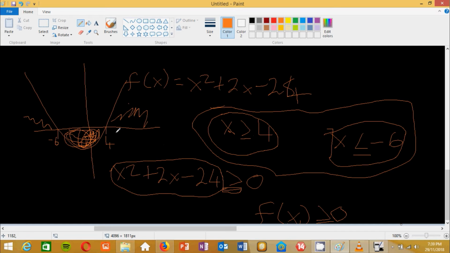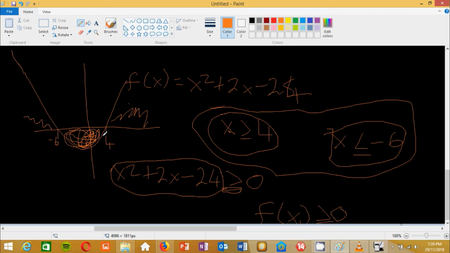The y-coordinate is 0. It's on the axis. So this inequality, again, is satisfied because f of x is allowed to be equal to 0, because it's greater than or equal to 0. Same applies here. x is less than -6. If we pick x values which are less than -6, -7, -8, and so on and so forth, the graph just keeps on rising up and up and up.